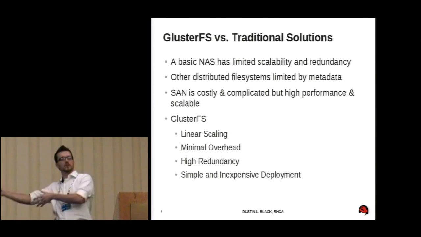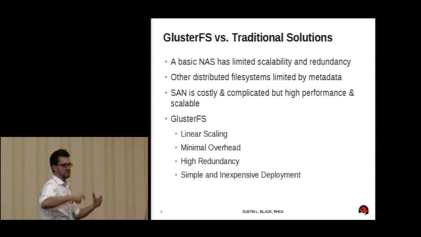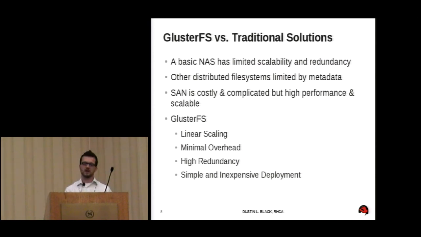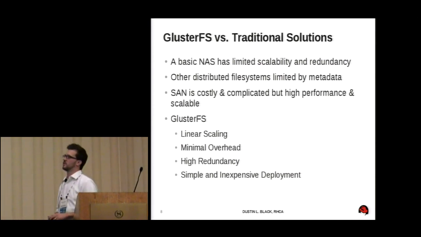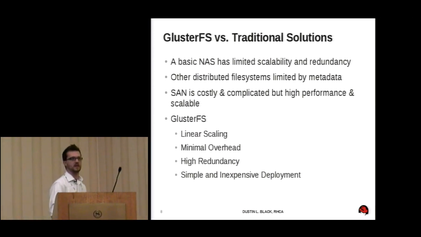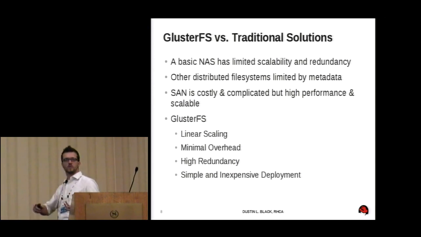Then you can go all the way to SAN. And of course, SAN is great, right? SAN is expandable, it's fast, but it's also expensive, and you've got to pay costly SAN administrators and network engineers to handle it. It's not simple to deploy, and it's not inexpensive to deploy. So Gluster fits in where that hole is.